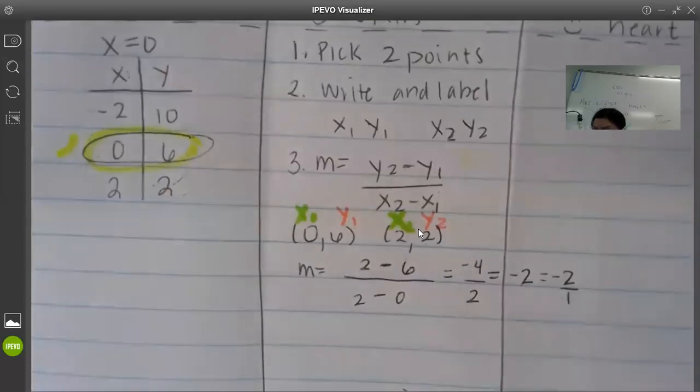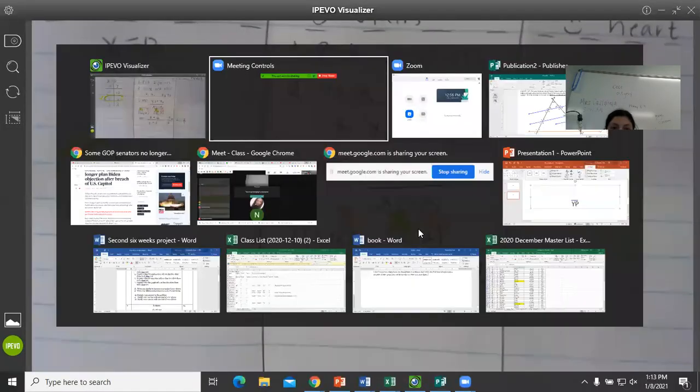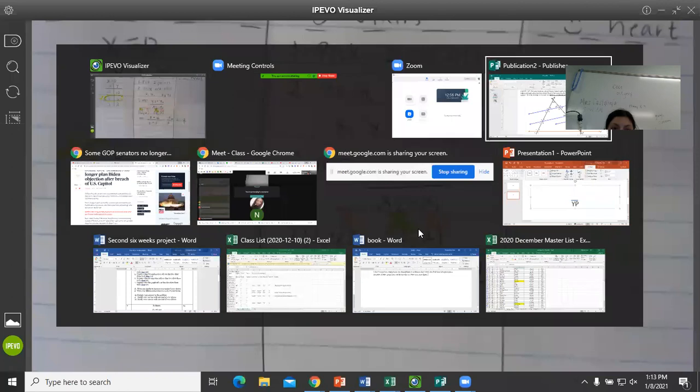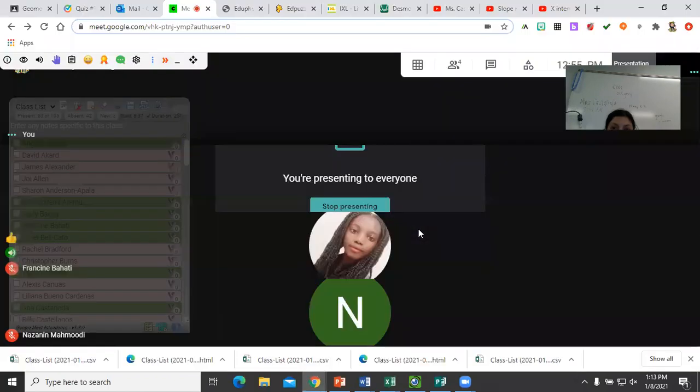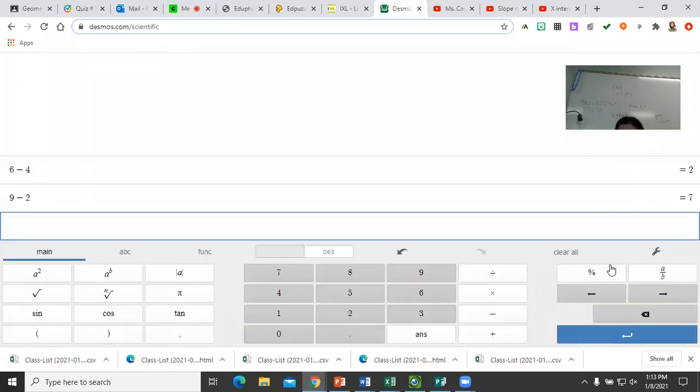All right, now I'm going to show you another thing on the graphing calculator, and I'll link this. This is Desmos. You can type it in here, or just on your phone, most phones do negatives. 2 minus 6, enter, I got -4, and then 2 minus 0.